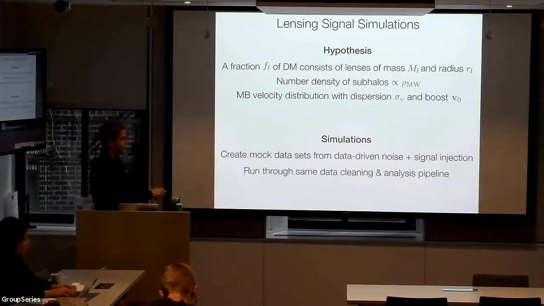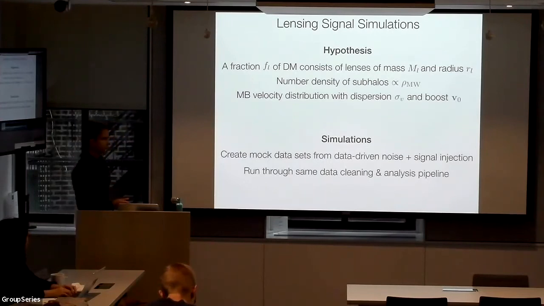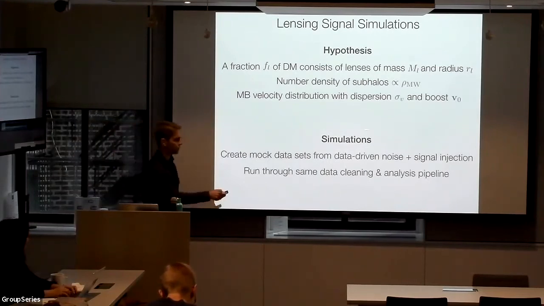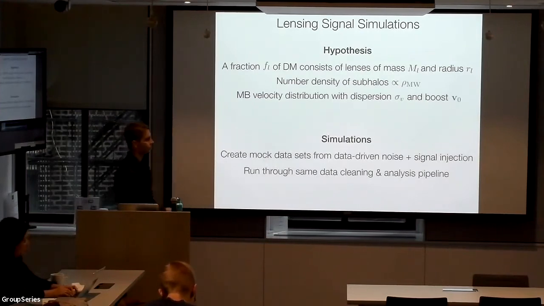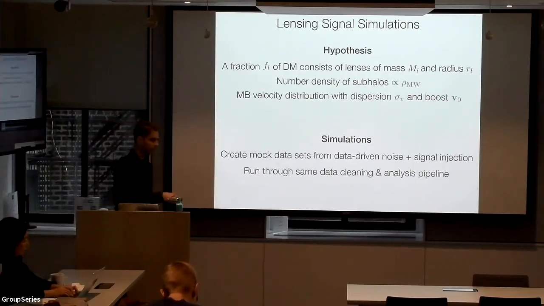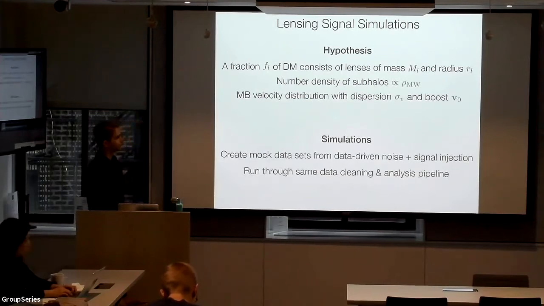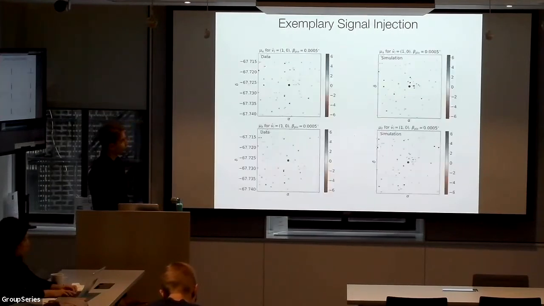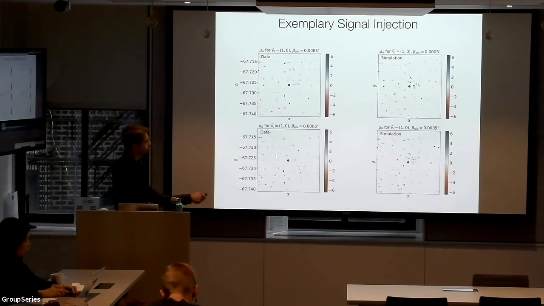So to do this, we created a bunch of mock data samples where we injected data-driven noise from the plot before, as well as signals according to the above hypothesis. And then we ran those mock data sets through the same data cleaning and data analysis pipeline as we did the real data. This is a picture here on the left.